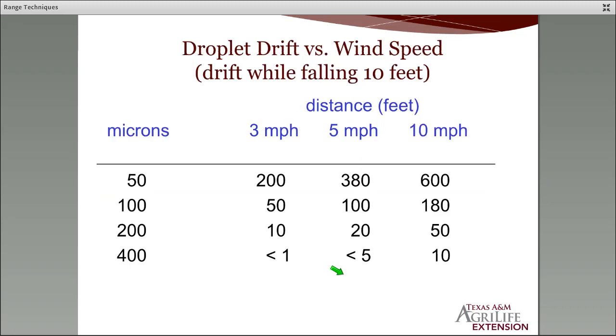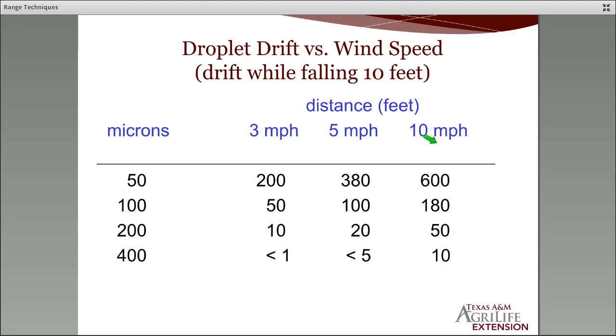Here is something you really ought to keep in mind. Droplet drift versus wind speed when falling 10 feet. If we look at the 200 to 400 microns, because that's typically what we'd be using with range and pasture, nobody would use any 50 or 100 micron sized droplets.